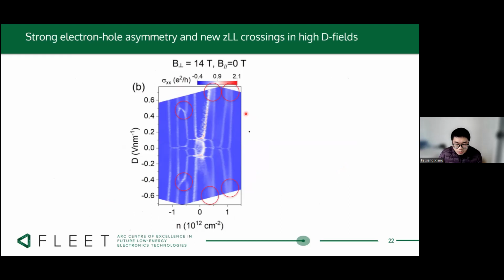So in high magnetic field, we can now see new zero Landau level crossings at filling factors 1, 2 and 3. As I highlighted by the red circles here, one thing we noticed is that the Landau level crossing in high electric field or high displacement field shows a very strong electron-hole asymmetry, where we can observe two crossings on the electron side, but only one on the hole side.